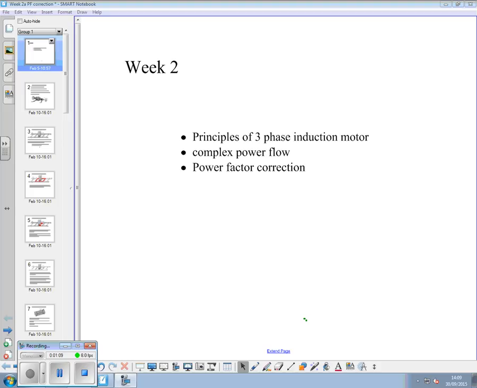So we talked last week about poor power factor being something the supply authority will penalise you for, and therefore we need some method to correct poor power factor. So we'll do a little bit of talking around that. Okay. We'll see how far we get with that, and if need be, we'll pick up where we left off next week. All right.